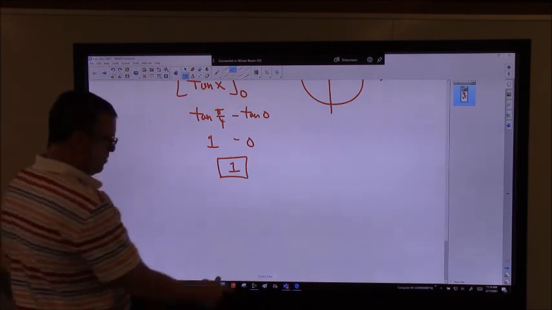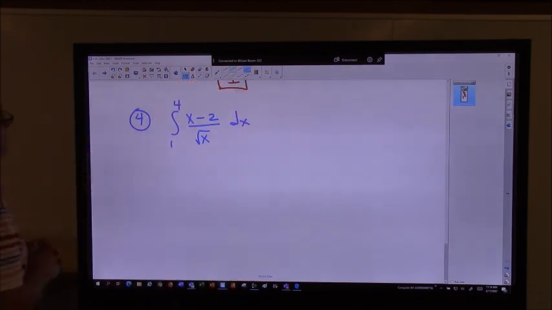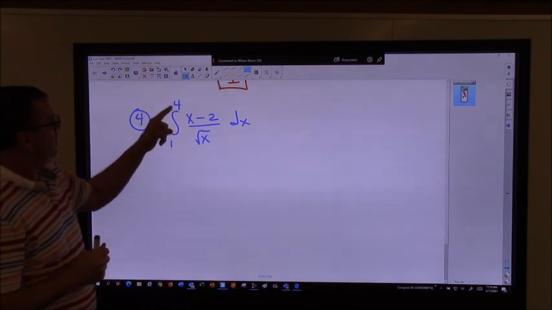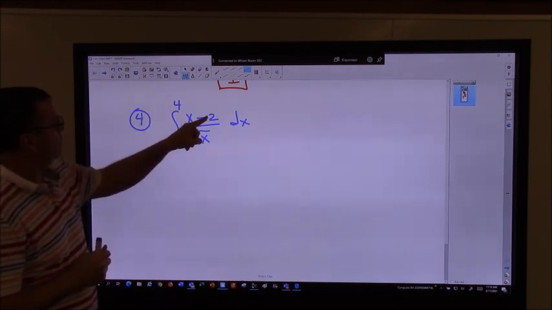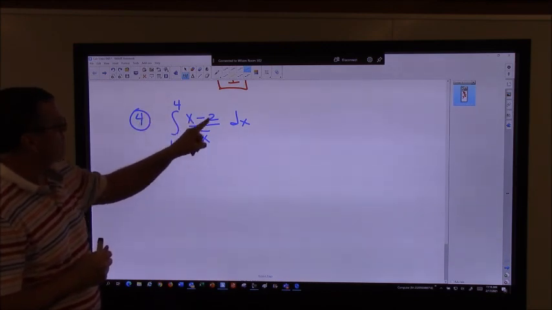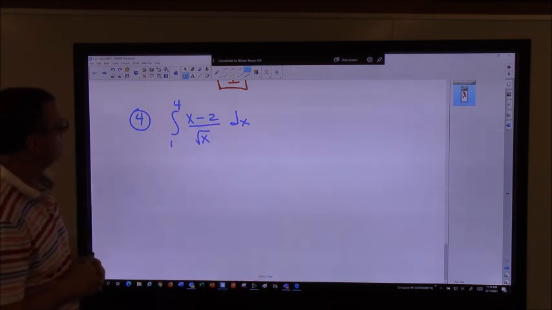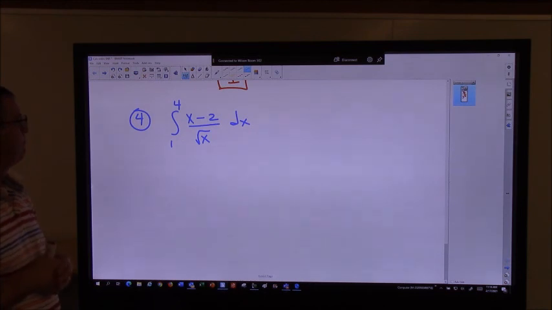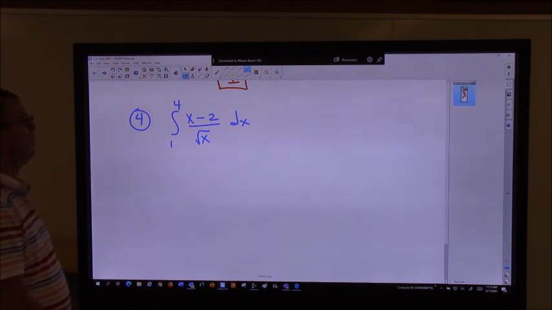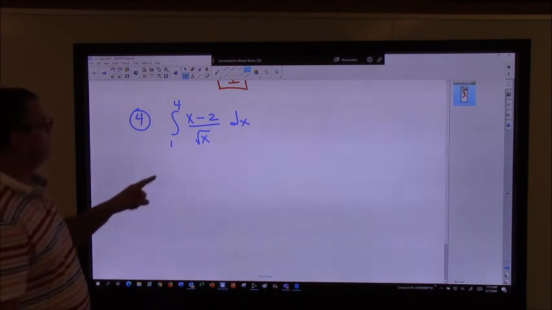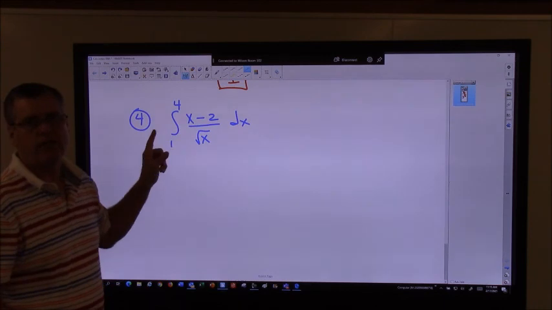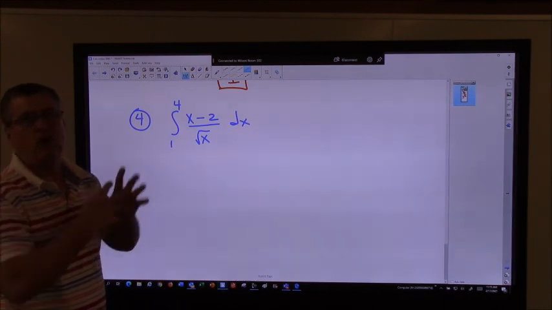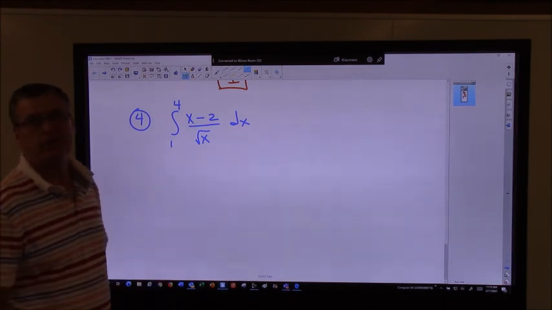All right, one last problem. So we've got the integral from 1 to 4 of x minus 2 over the square root of x dx. You guys go ahead and try it. All right, so first thing, if anyone's looking at this going, okay, I'm going to move that 2 to the outside, that only happens when you're multiplying by a number, okay?